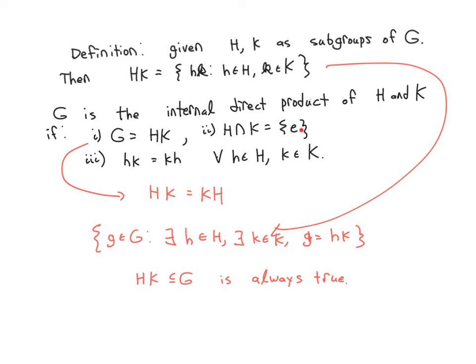Likewise, the fact that the identity is in the intersection is also always true because the identity element is in every subgroup. And so it's always going to be an element in any intersection of subgroups. So even though this condition involves a bunch of equalities of sets, we're only ever going to be showing some of the inclusions.